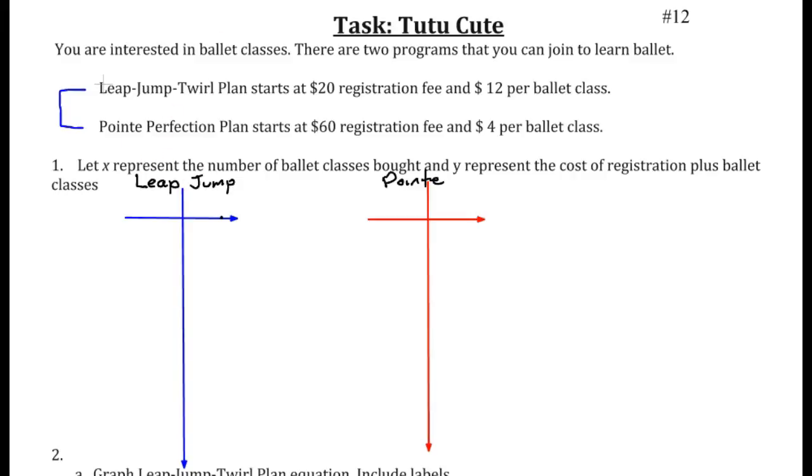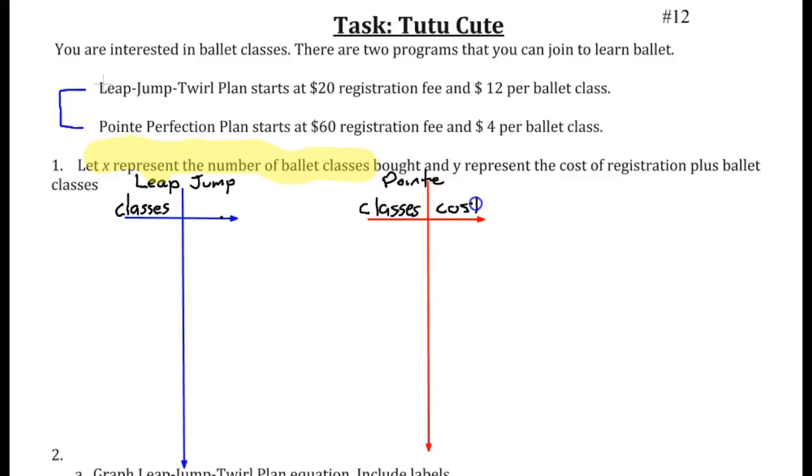And it still tells us what the X stands for right here: number of classes. Now later on it's not going to tell you what's X and what's Y, so try to pay attention to how you would do that if they didn't tell you. Could you figure it out from the information in the question that X's are classes and the Y's are, well, anytime you see a dollar sign, the Y is going to be the cost.